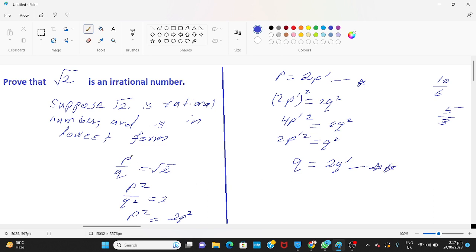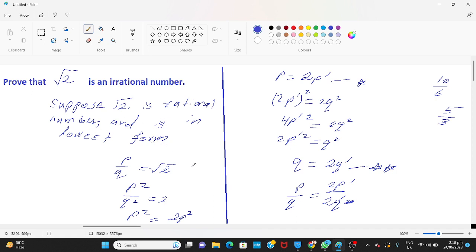Now we said that p over q is in simplest form, but p is equal to 2p prime and q is equal to 2q prime. Here we can see that p over q is equal to 2p prime over 2q prime, and both are not in simplest form, they can be reduced by 2, but our supposition was that they were in simplest form.